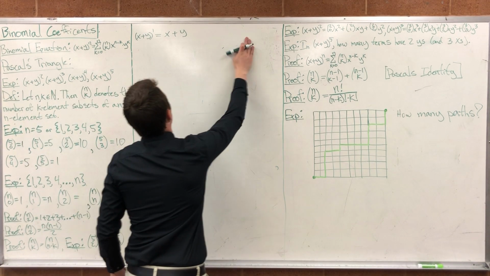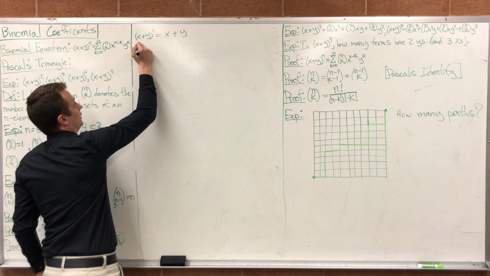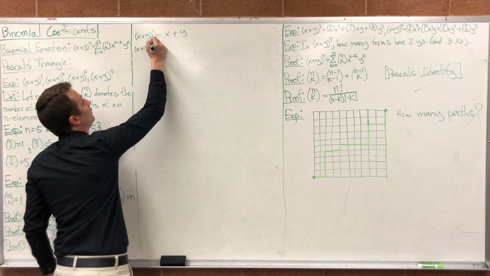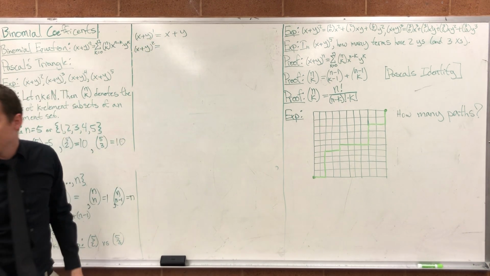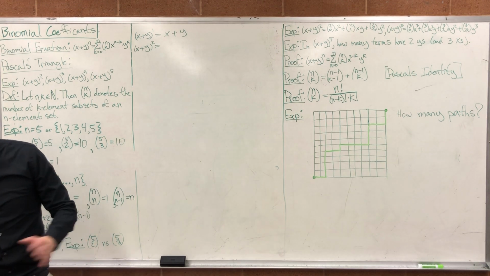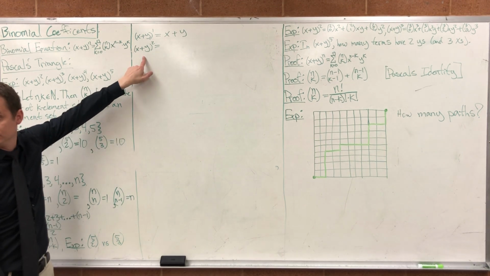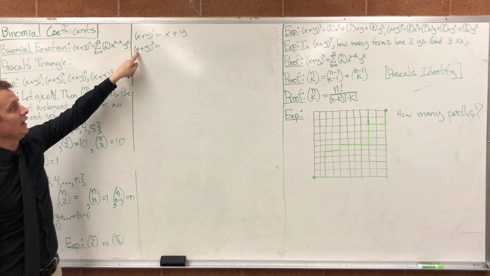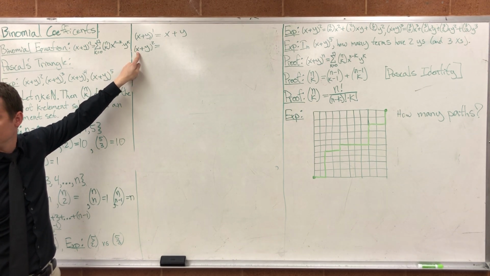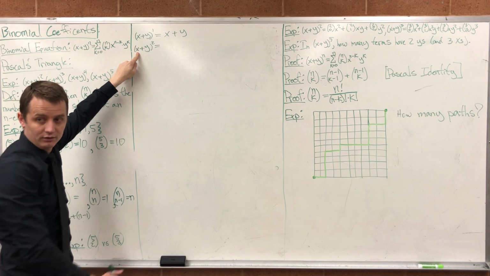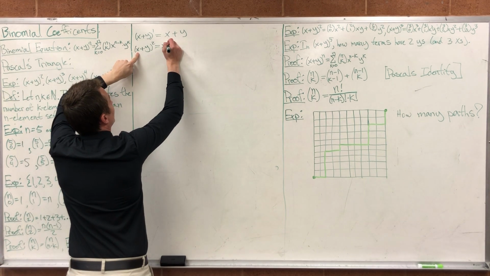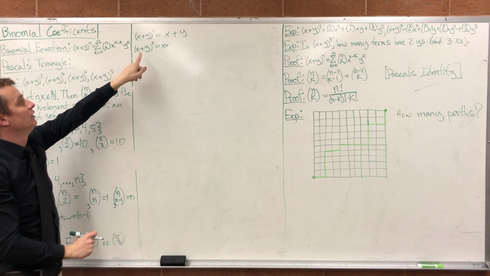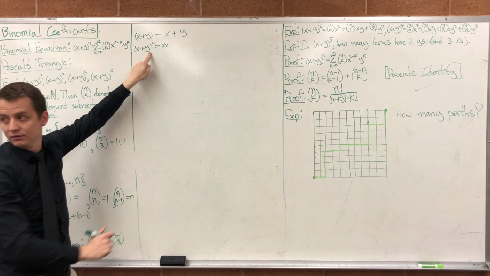Okay. Now, I'm going to write out some algebra here, and then I'm going to ask you a completely unrelated question, which is how many two-element lists? First, let's do the algebra. When we expand this out, I can do the x times the x. I could do the x times the y.